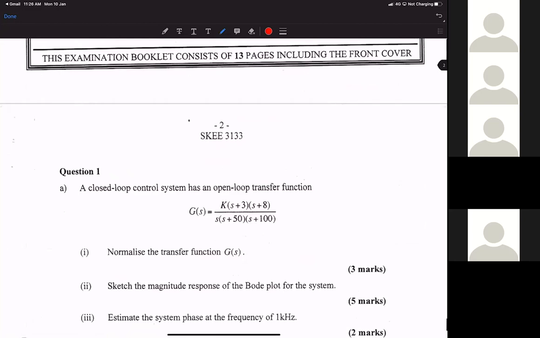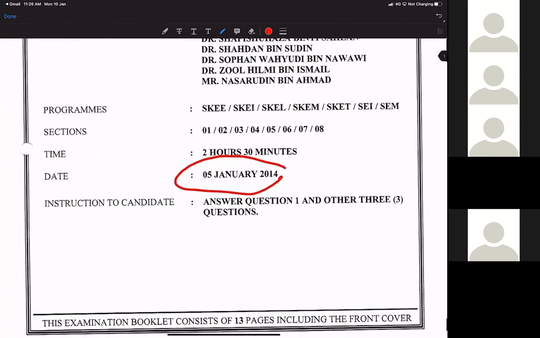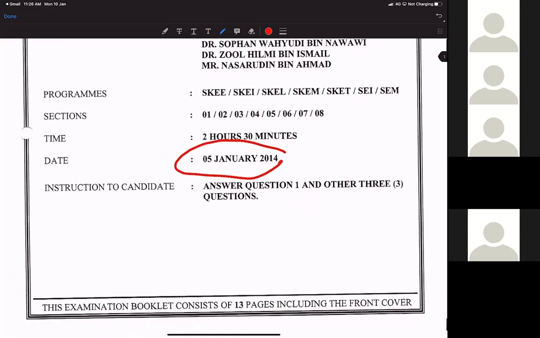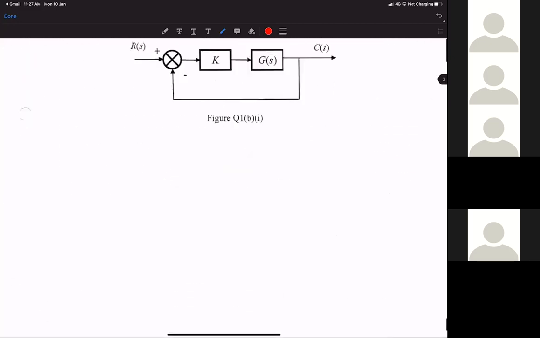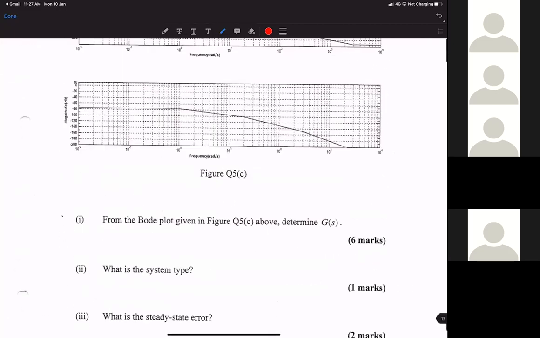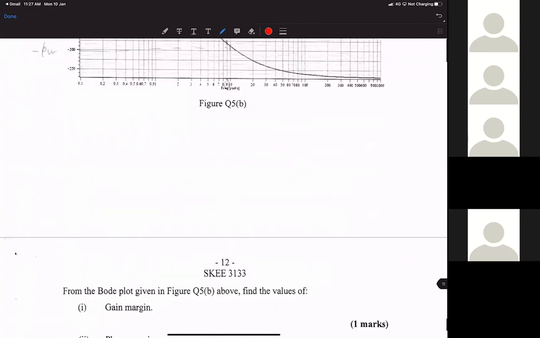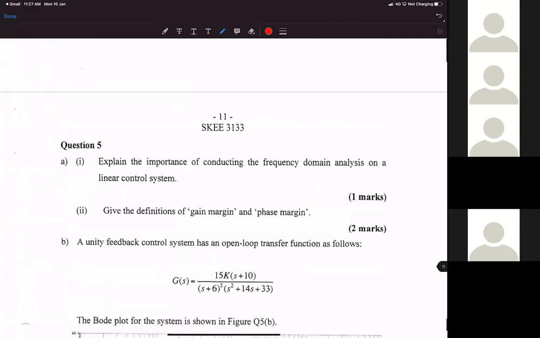So the format is different for this subject during the pandemic. Let's go to question number 5 first. Question number 5 is no need to answer because it's out of syllabus.